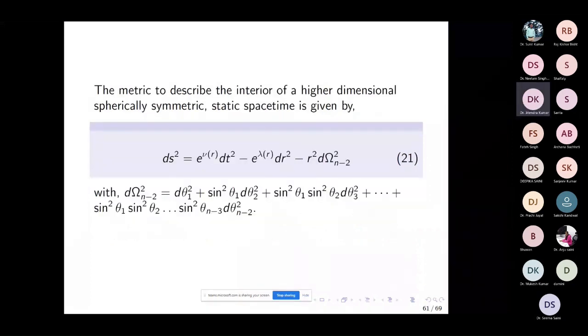And the metric describing the interior of a higher dimensional spherically symmetric static space-time is given by equation number 21.